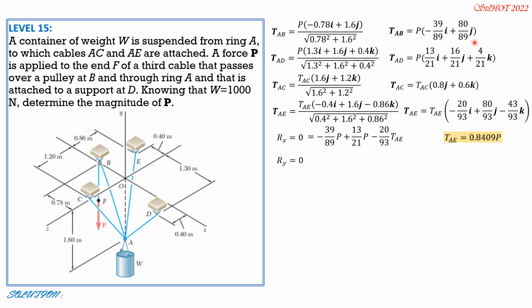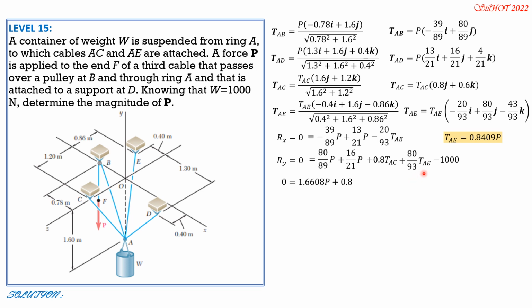So we have 80 over 89P plus 16 over 21P plus 0.8 tension AC plus 80 over 93 tension AE, and don't forget minus 1000. So substitute the value of tension AE, which is in terms of P, from here.